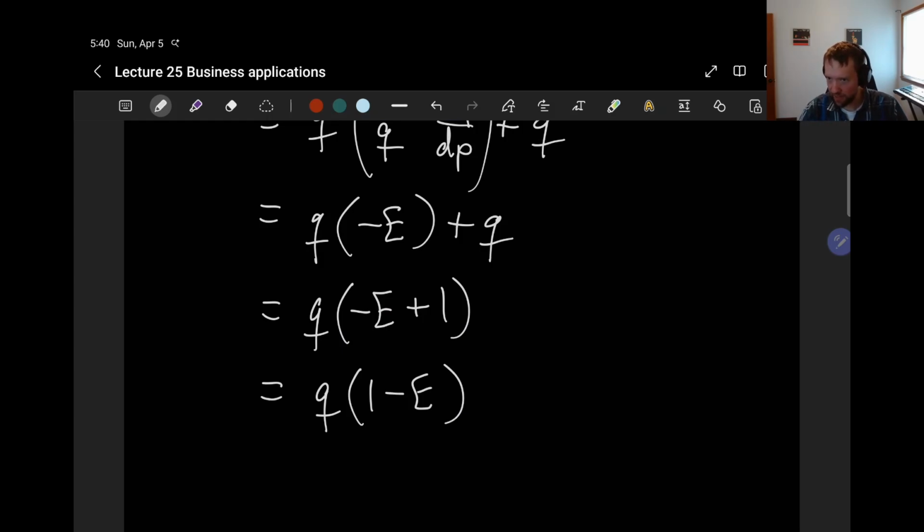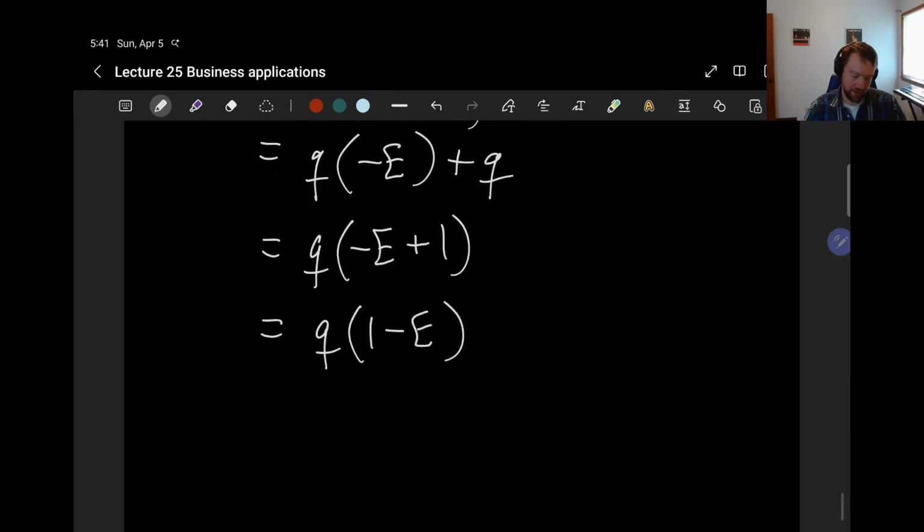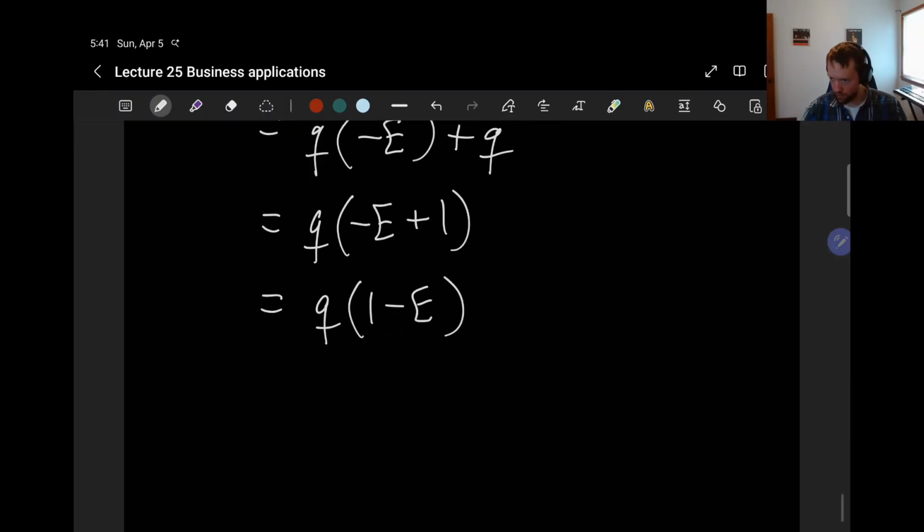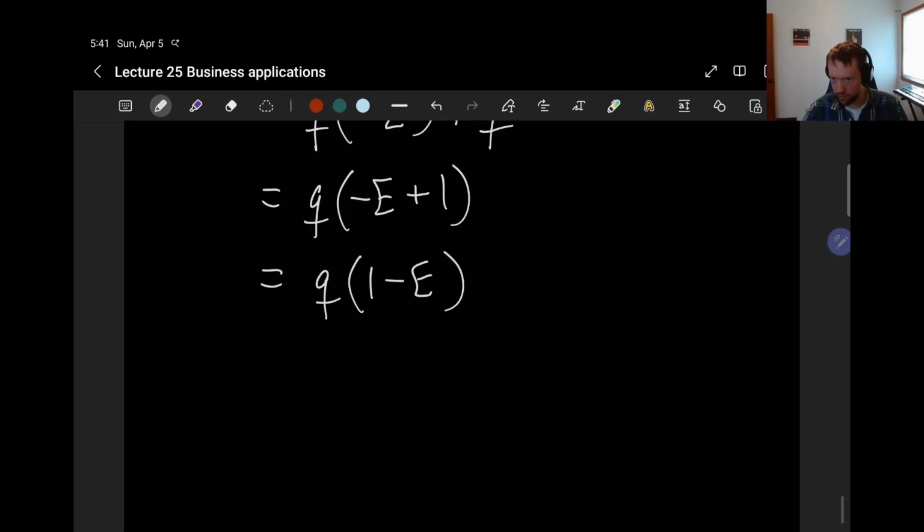So this is the same thing, just looks a little nicer. So this is the rate of change of revenue with respect to price. So as I change my price, that's going to affect revenue, and this gives us that rate of change. Our goal is to maximize revenue. So we basically want where this is 0.